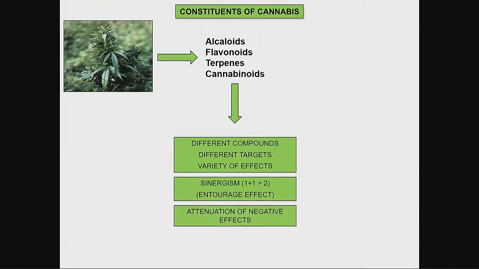And also, when you combine different compounds within a cannabis preparation, some of those compounds can attenuate the negative side effects of the other constituents. So for all these reasons, it is way more interesting to work with whole plant preparations than with isolated compounds. It's more challenging, of course, but therapeutically it's better.